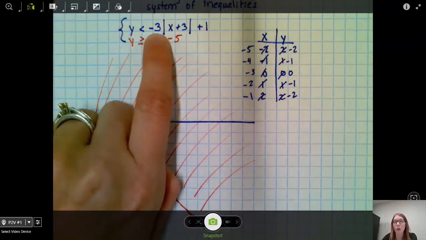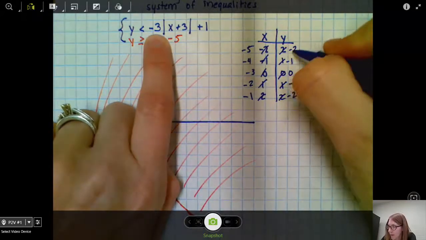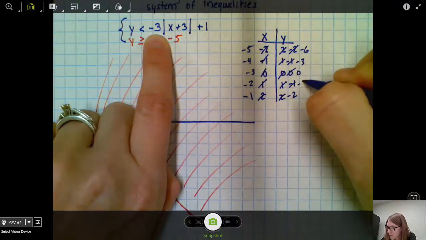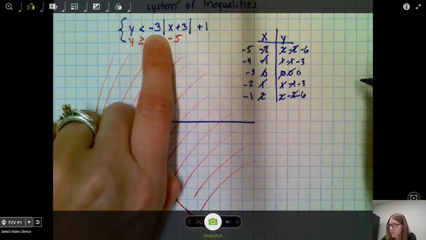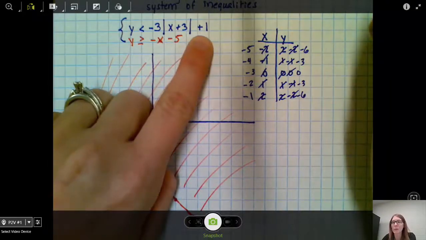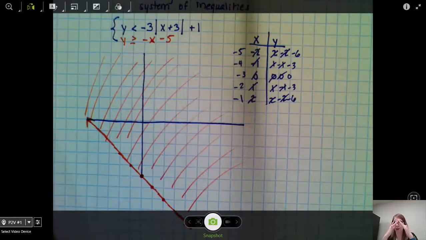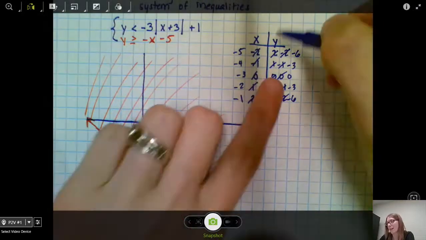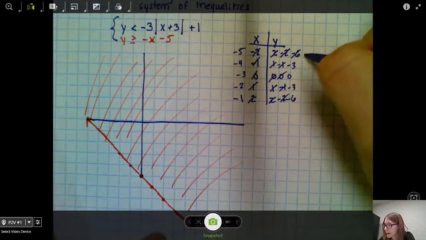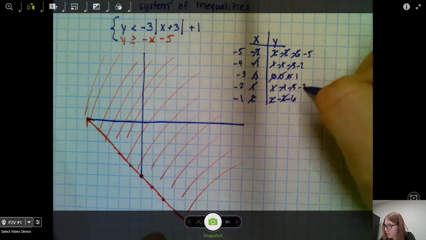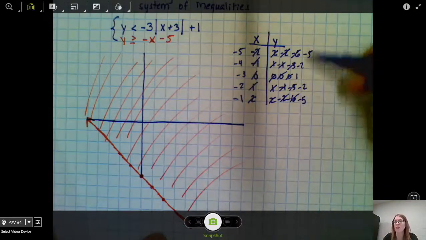That 3 again is a vertical stretch, which also affects our y values. And then last, this plus 1, that's going to take our absolute value function, which is upside down now, and move it up 1, again affecting our y values. So add 1 to each y value. And these are my new values to plot.